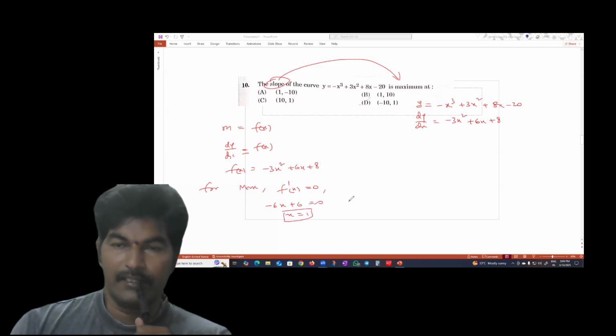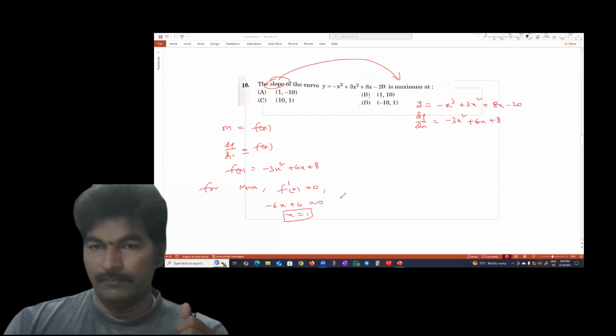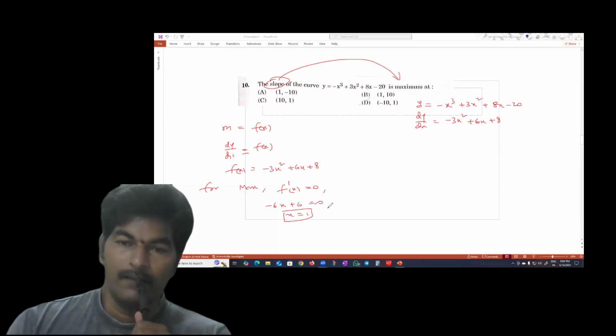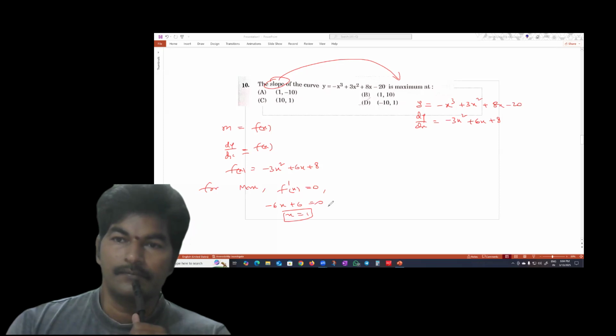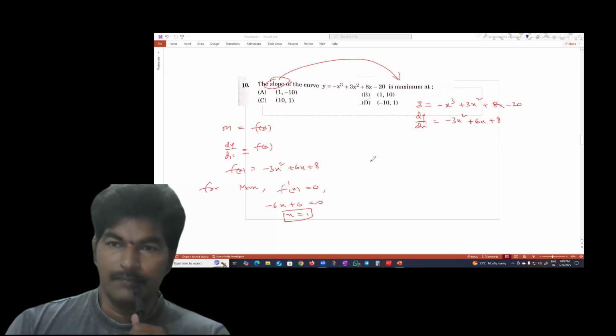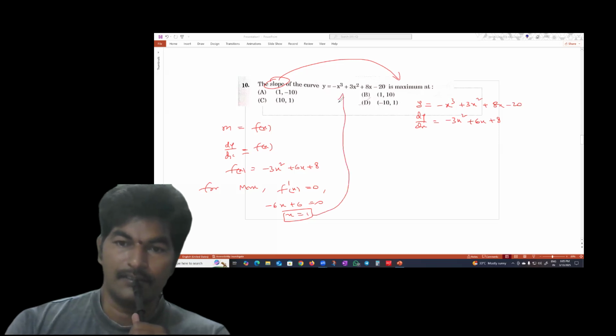Only one value we are getting here, and this is the maximum. Now if you substitute the x value in the function, you can see the y value. That is the answer.